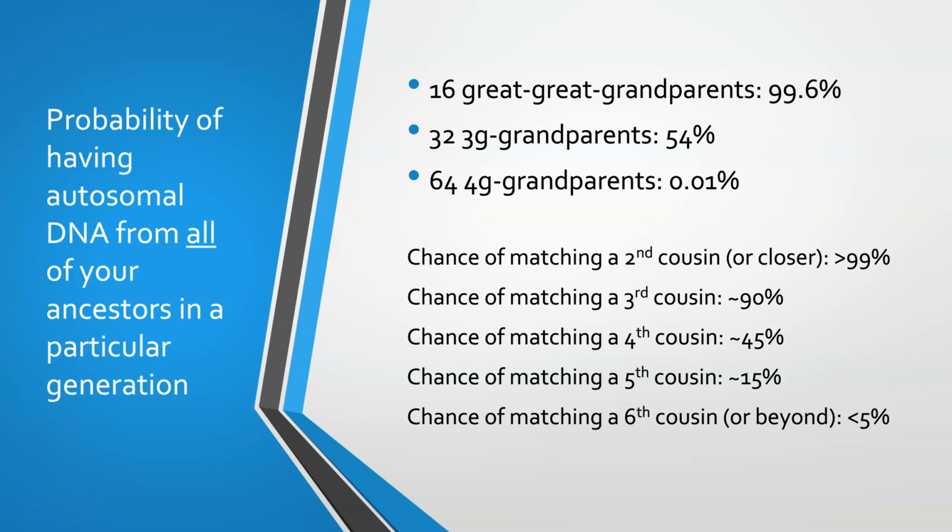That's why it's very useful in a family to test as many siblings as you can, at least among the oldest generation, because some of them will match these more distant cousins while others will not. But it also gives you an idea that autosomal DNA testing is really only useful for relationships so far back, because you have to have enough DNA that's shared down both of the lines to see if you do match that person through that process.